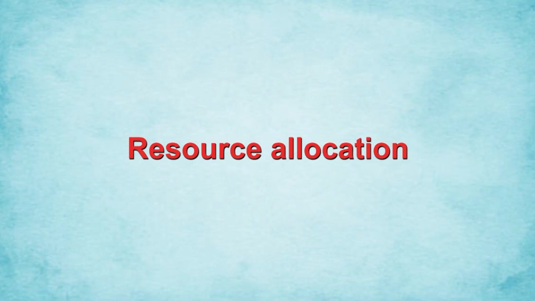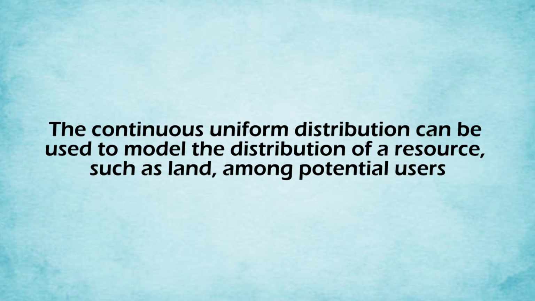Resource allocation. The continuous uniform distribution can be used to model the distribution of a resource such as land among potential users. This can be useful in determining the most efficient allocation of resources, such as when the government allocates public land to private developers.